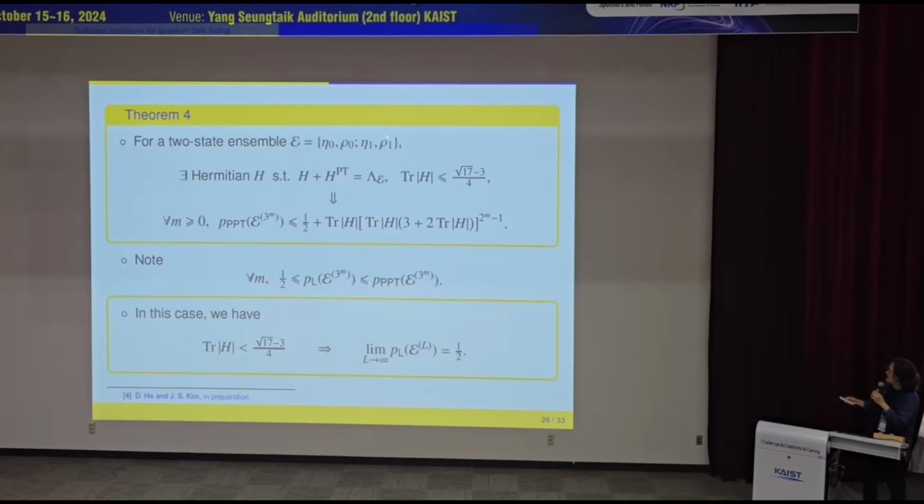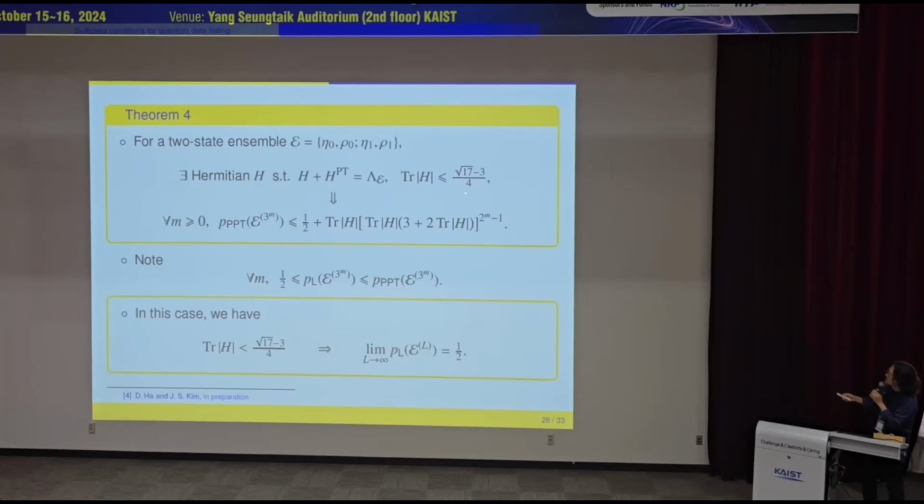So for the two-state ensemble having this property, invariant on the partial transposition, if there exists a Hermitian operator H whose trace norm is less than or equal to this quantity, then we could show that this subsequence of PPPT epsilon L, because we only think about the power of 3 here, is bounded above by this quantity.